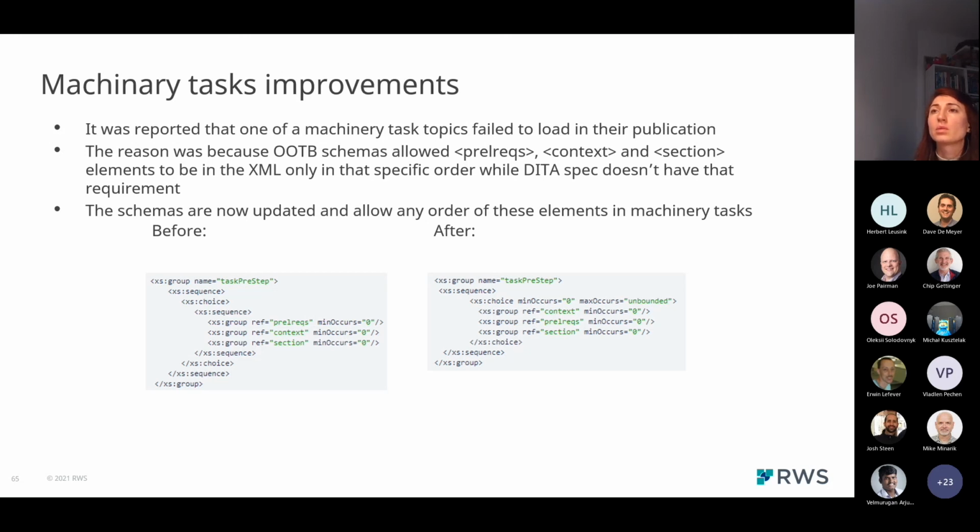The schema is now updated. We had issues with the machinery tasks: topics failed to load in the publication. That is what was happening before in the schema, and now we have updated it. It allows any order of these elements in machinery tasks. So you can see the case before and after.